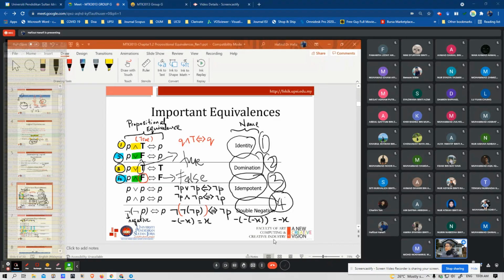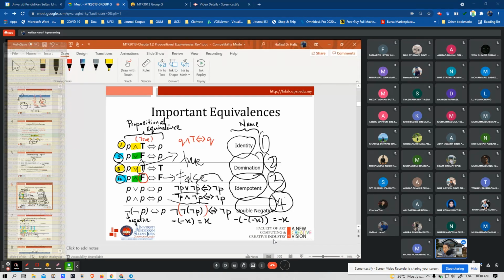Okay, we have negation p and negation p again. We have the same values. Same goes with the negate p. Same output.